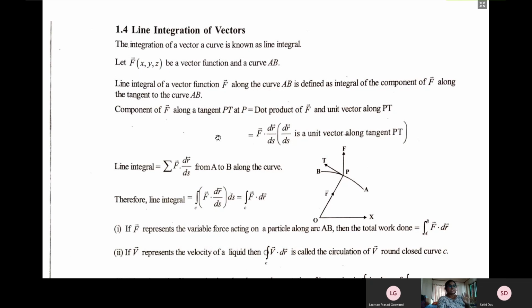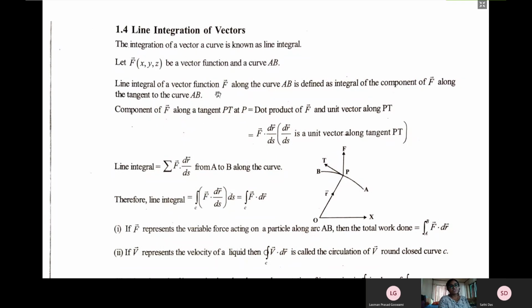So what is the meaning of the line integration? The integration of a vector along a curve is known as the line integral. Suppose f, a function of x, y, z, is a vector function and the curve is AB.